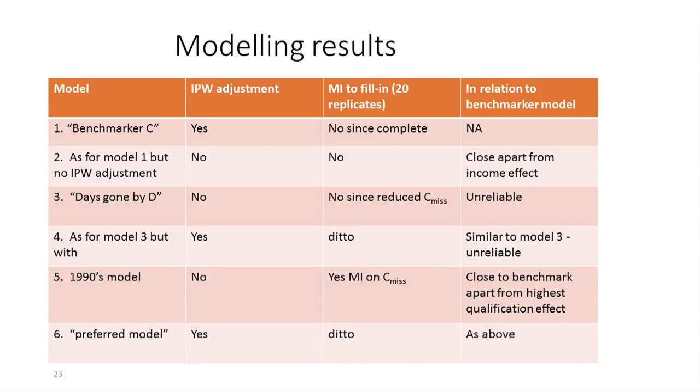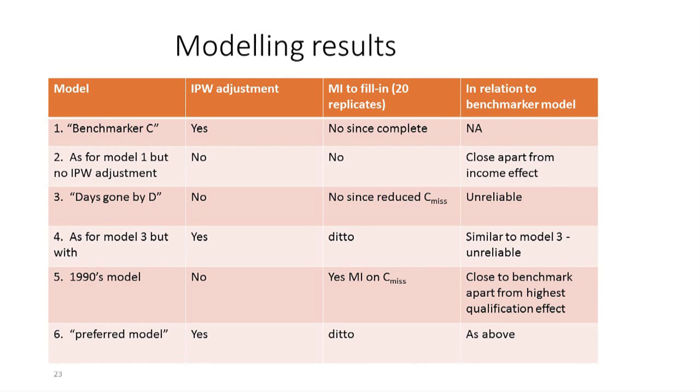Multiple imputation on its own, closest to the benchmark, but we get a dilution in the impact of having a parent with a high level of completed education on child's vocabulary, which could be intuitive. I think I could make an attempt at giving a narrative as to why that happens.